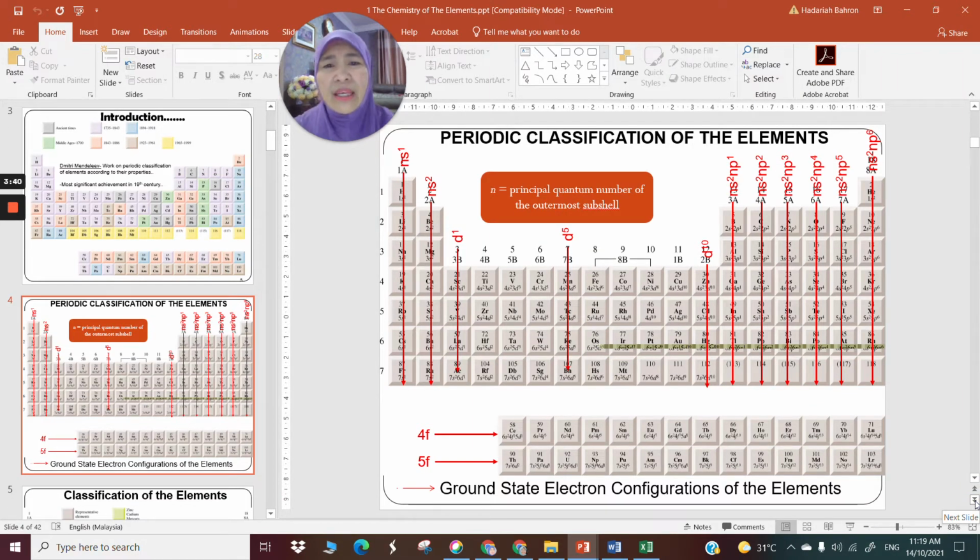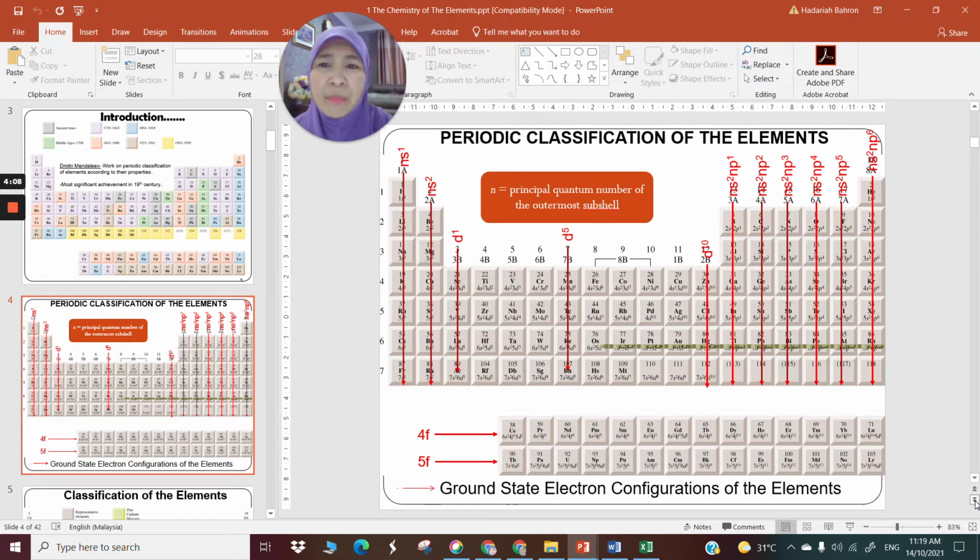Now, the periodic classification of the elements. When hundreds of elements were being discovered, scientists started to notice that there are some similarities between elements and there are some striking differences between elements. And they also noticed that there is a trend in the properties or criteria of those elements.